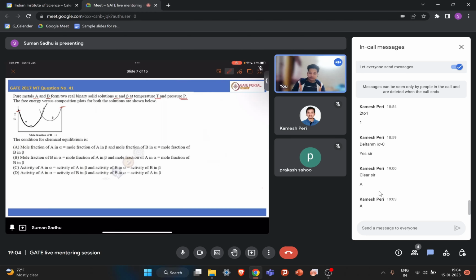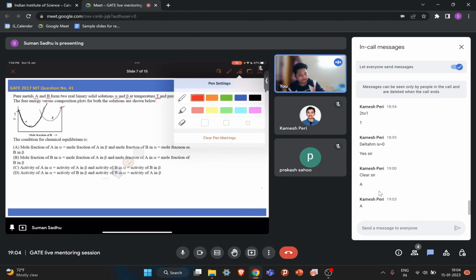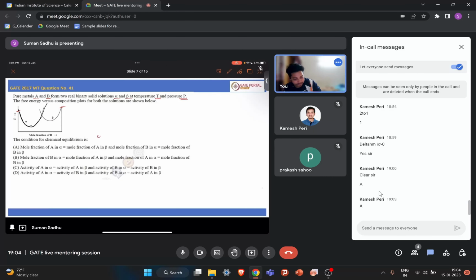Just now we discussed the condition for chemical equilibrium: the chemical potential of A in alpha is the same as the chemical potential of A in beta, and the chemical potential of B in alpha equals the chemical potential of B in beta. Is it clear? This condition means we should have a common tangent between these two phases.